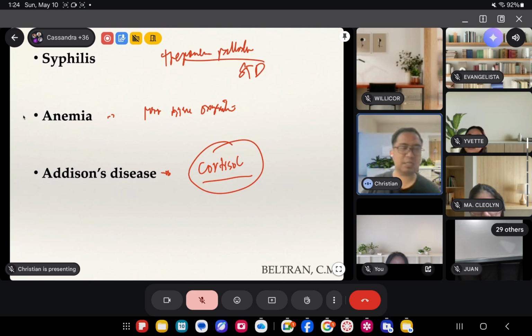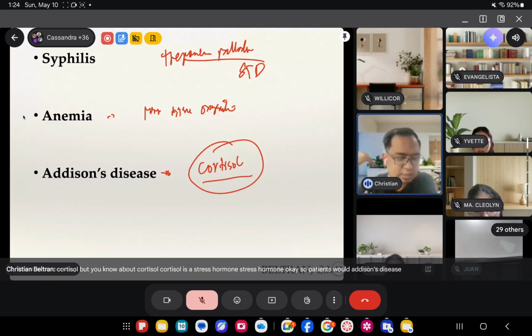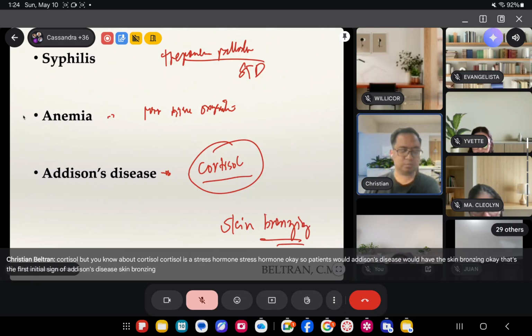Cortisol is a stress hormone. So patients with Addison's disease would have skin bronzing. That's the first initial sign of Addison's disease. Skin bronzing. Gums would also be pigmented. There's intraoral pigmentation.